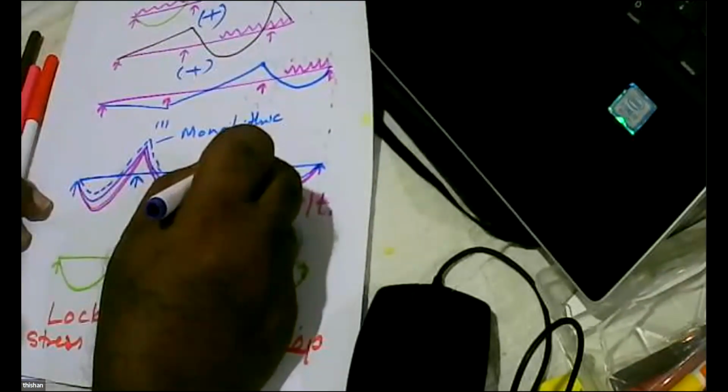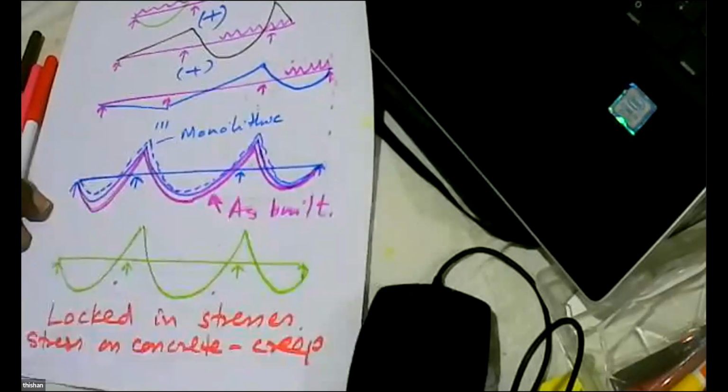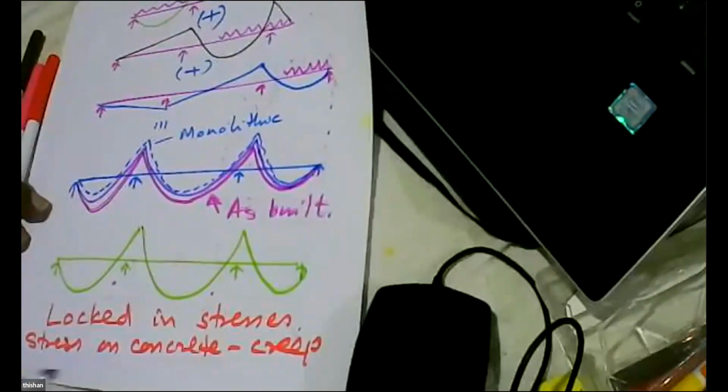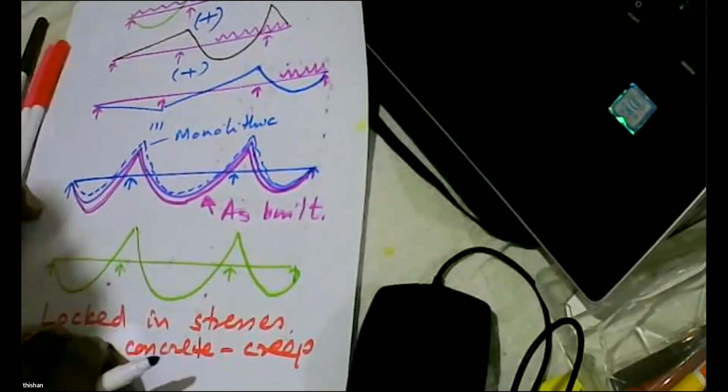It will start moving closer to the monolithic diagram. So although you calculate very accurately the bending moment diagram, due to the construction sequence, it is not going to stay as it is. Due to creep of concrete, it will start gradually moving towards the monolithic condition.